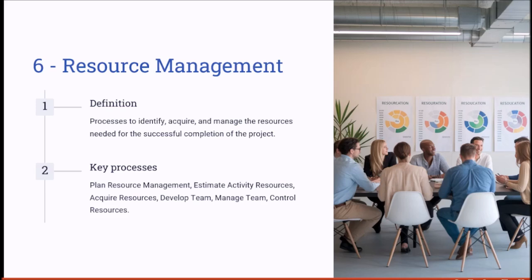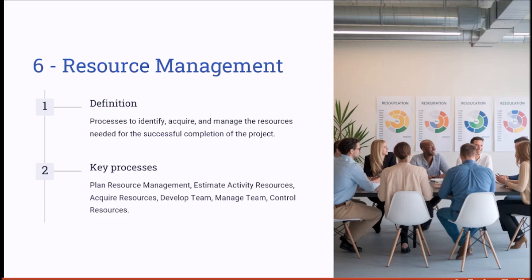So we have to estimate the activity resources, including the team resources and the type of resources that you need, such as the materials, equipment, or supplies necessary to perform the project work.